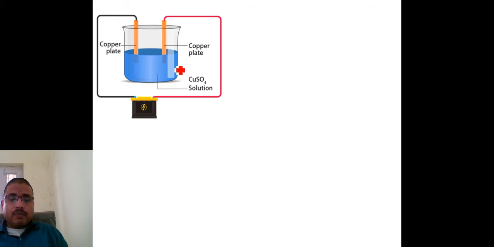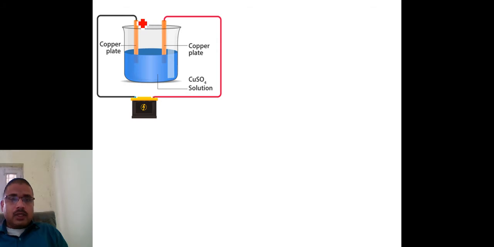The electrons are escaping from the anode to the cathode. The cathode is basically a negative plate, whereas the anode is a positive plate. The battery's positive side is connected with the anode and the negative side is connected with the cathode.